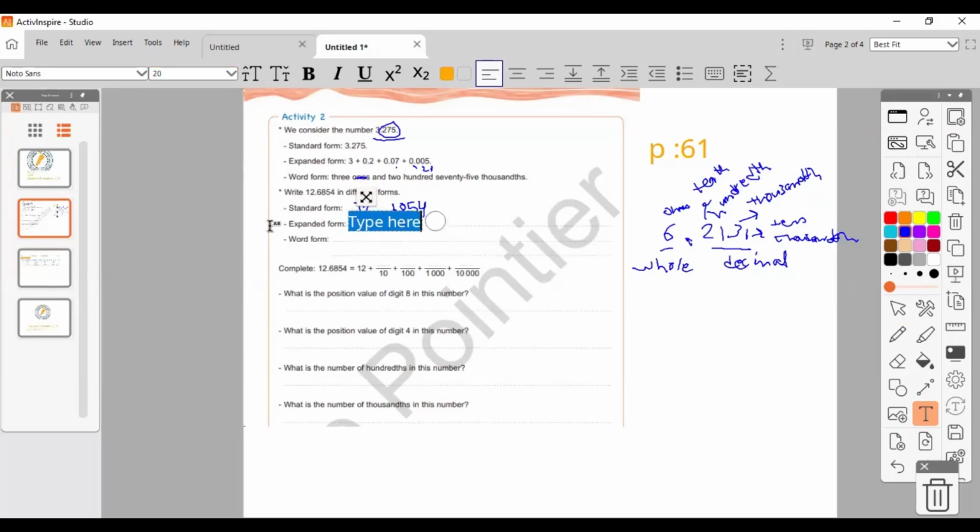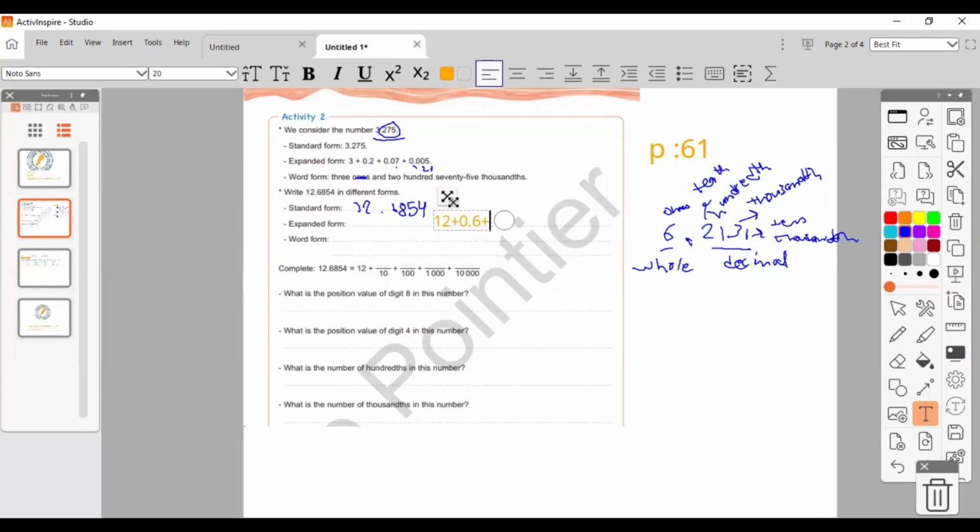What is the whole part here? I will write here so we can see the number. The whole part is 12. Then we write plus. The first number after the point is 6. So we write 0.6. As you see, 6 is the first digit after the point.